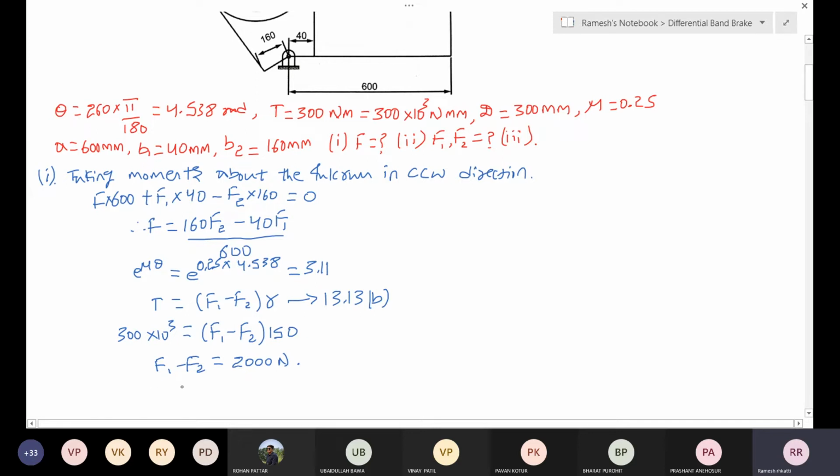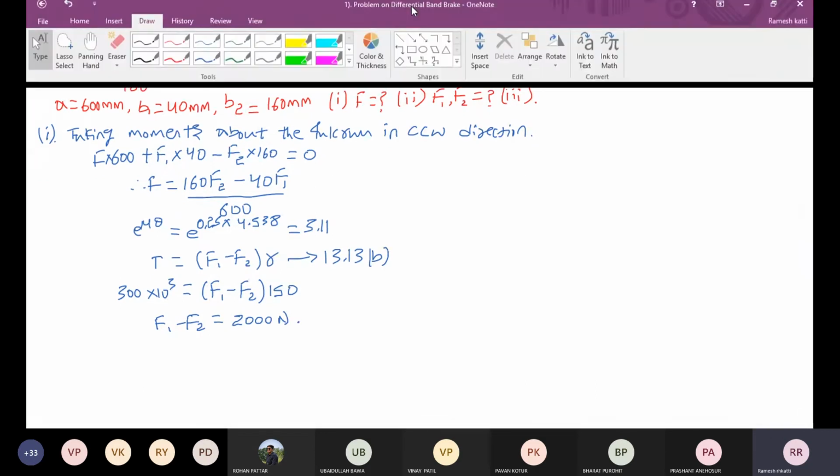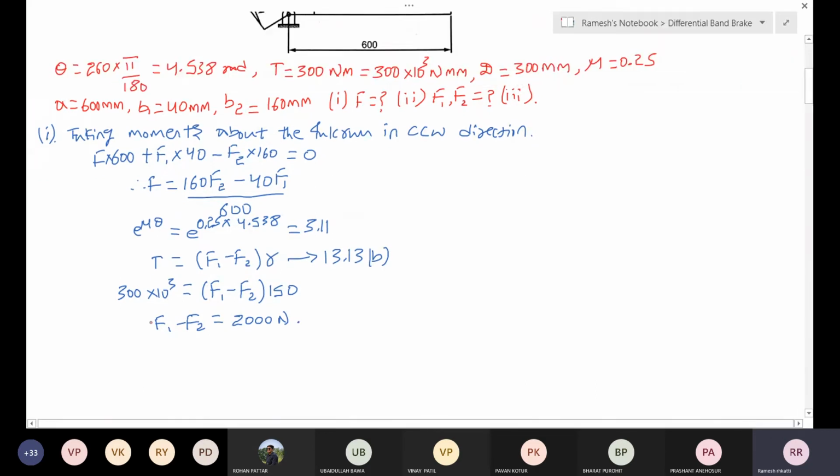Here also you don't know the values of F1 and F2. You can use one more relation, which you used in the derivation while calculating the actuating force, that is the ratio of tension. Ratio of tension is nothing but F1 by F2 is equal to e raised to mu theta.